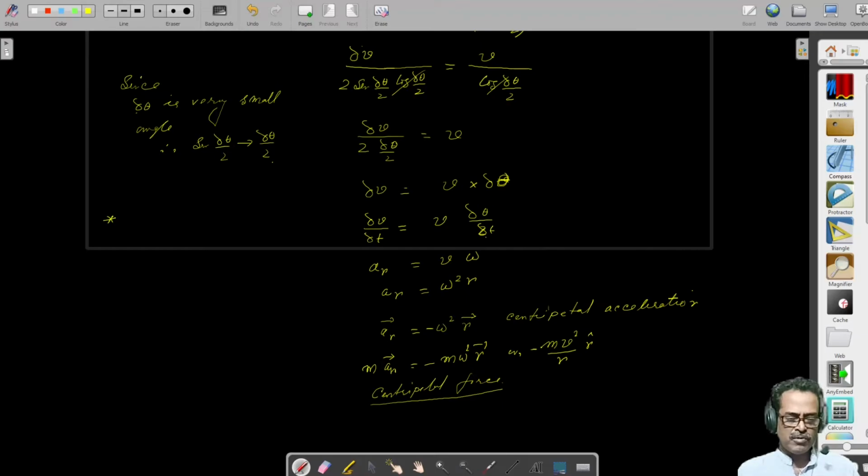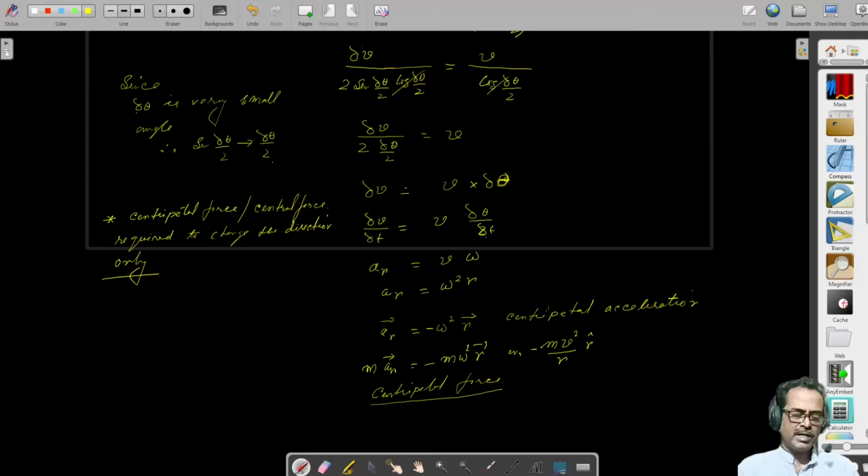Centripetal force, or central force, sometimes it is called central force, is required to change the direction only. Only it can change the direction of the motion. Okay?